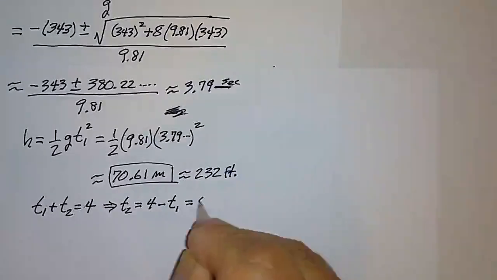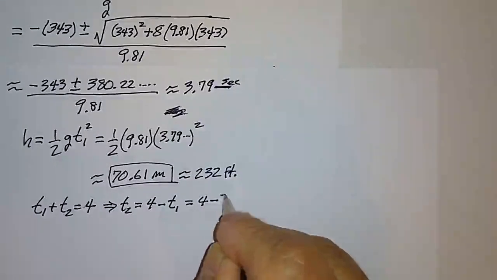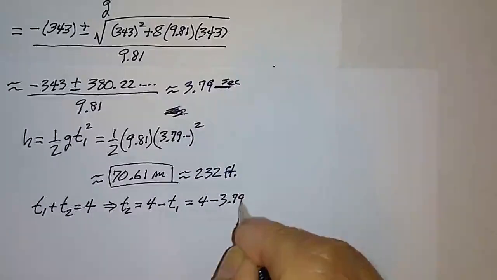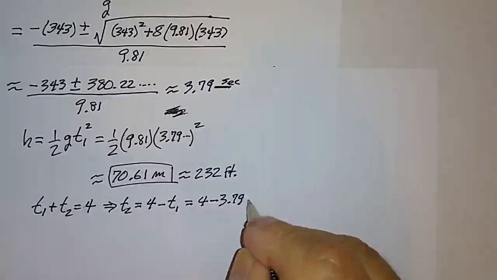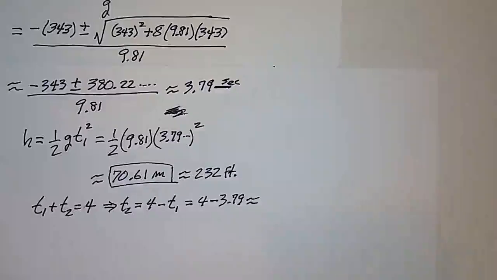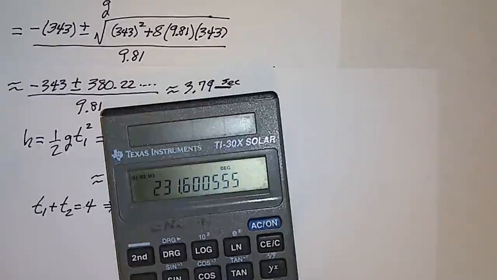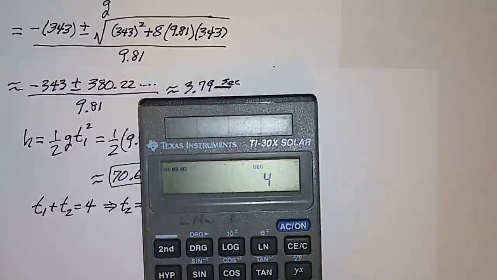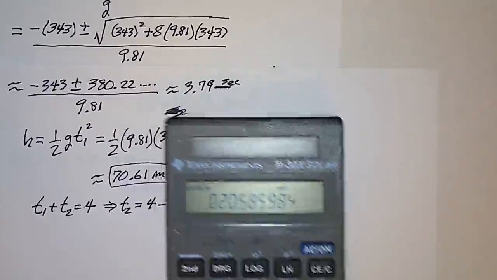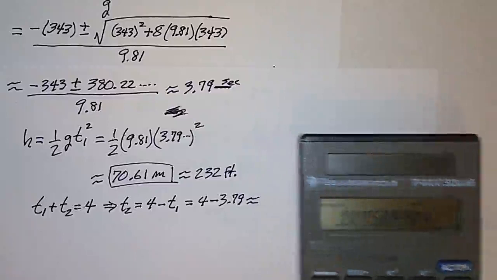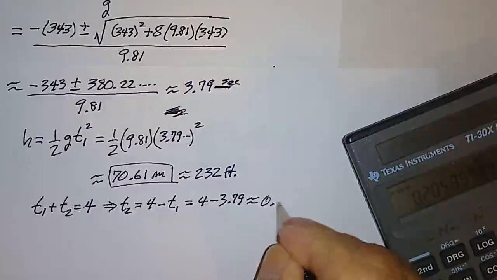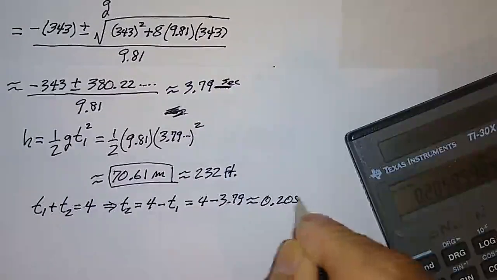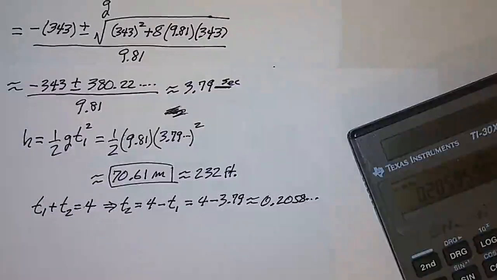So that's equal to 4 seconds minus 3.79 seconds, which is approximately equal to, let's go back and retrieve that 3.79 seconds. Subtract 4 from that and then change the sign. So that's 0.2058 seconds, 0.2058 plus some extra digits.